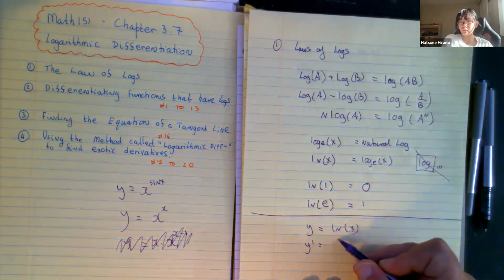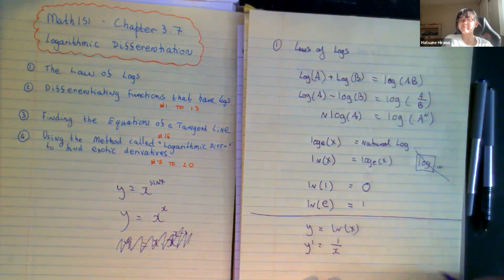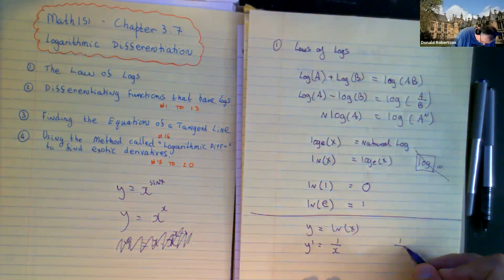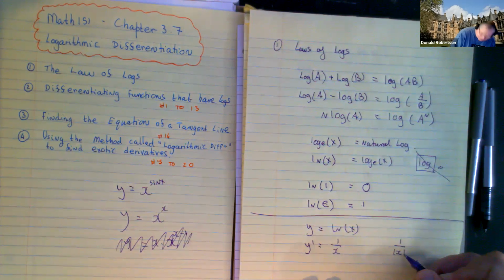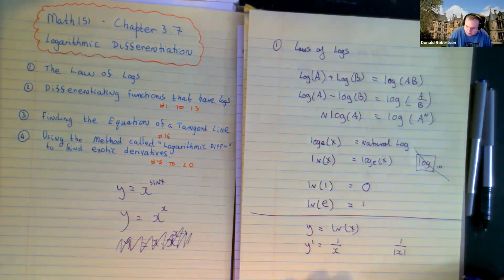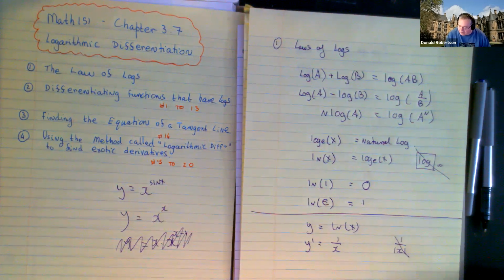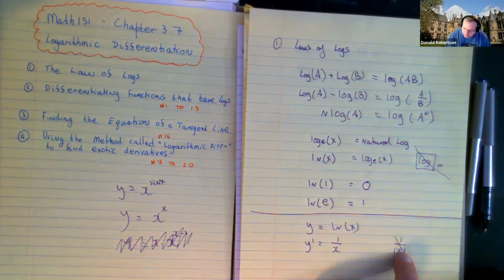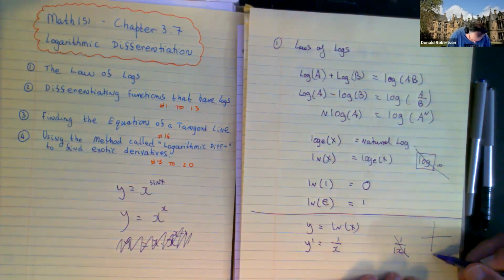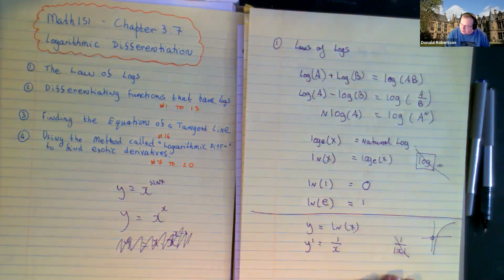1 over x. Technically speaking, it's 1 over the absolute value of x, but let's just call it 1 over x. The reason they stick an absolute value on it is to be a lawyer. The log function only exists for values of x bigger than 0, right?